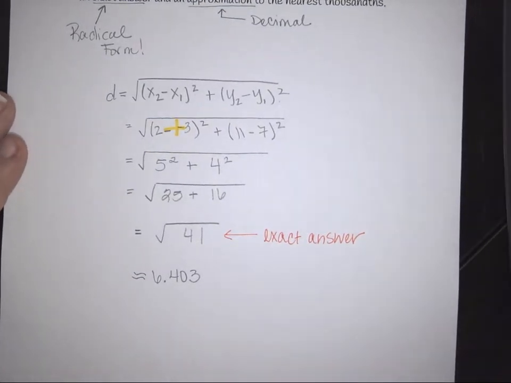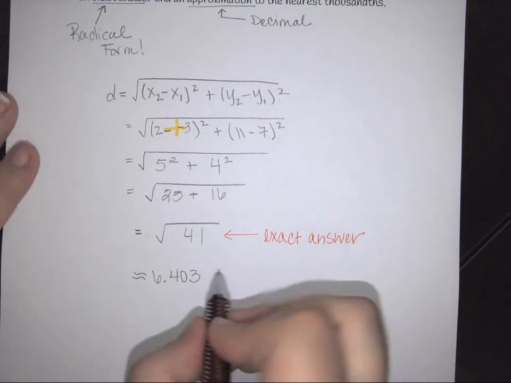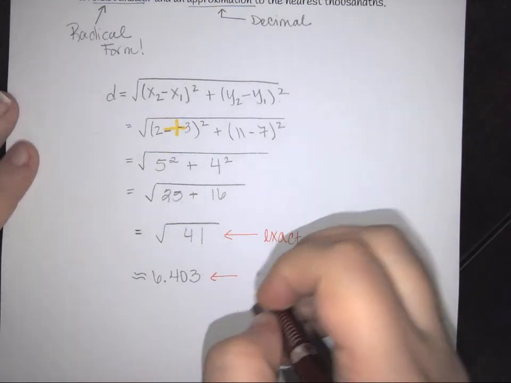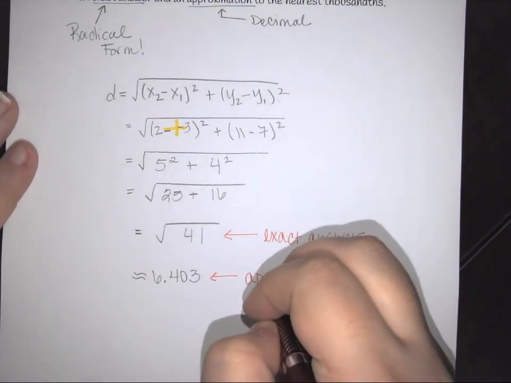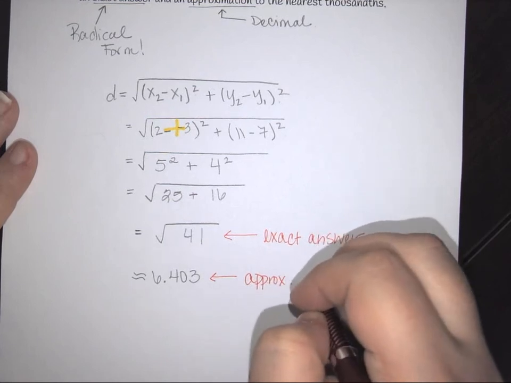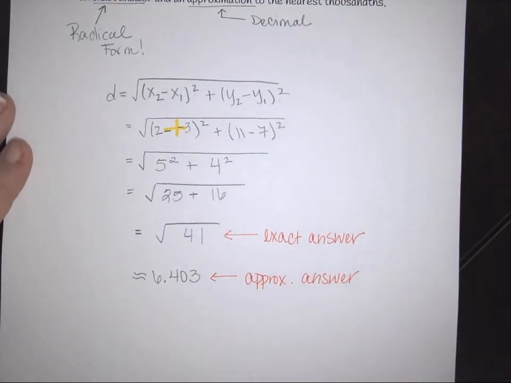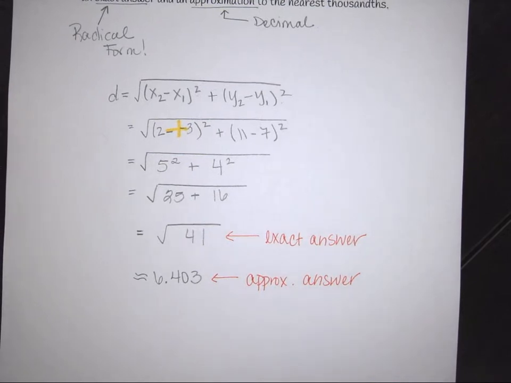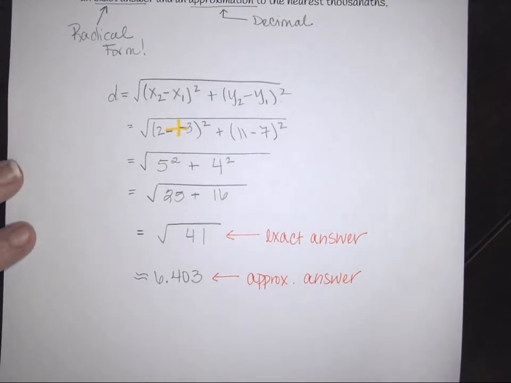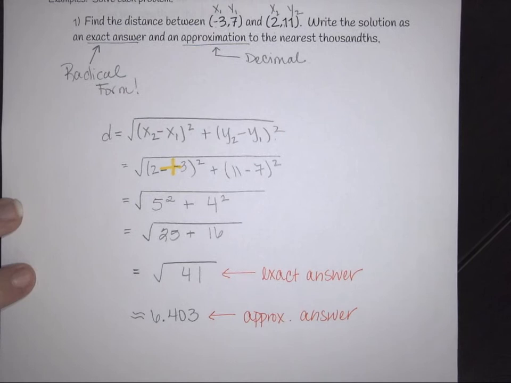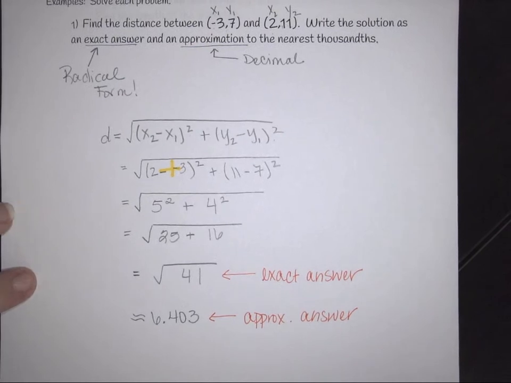So when you're asked for both, that is what we are asking you to do. And so this one here is the approximate answer. Always make sure that you give however many decimal places as is required in order to answer your question. Okay?